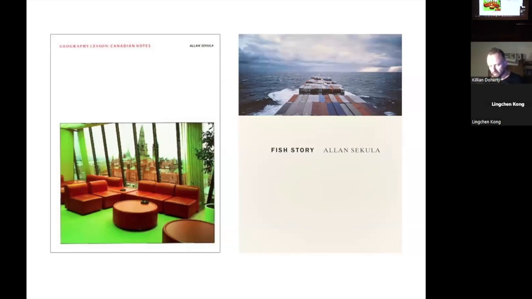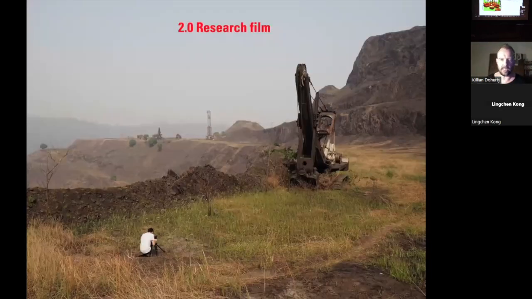I was inspired by some of his works and his methods, about narrating the complexity of these places and how they're made up of other places, and the cultural imaginary. I was reading his work at the time. So that was the first way into it.